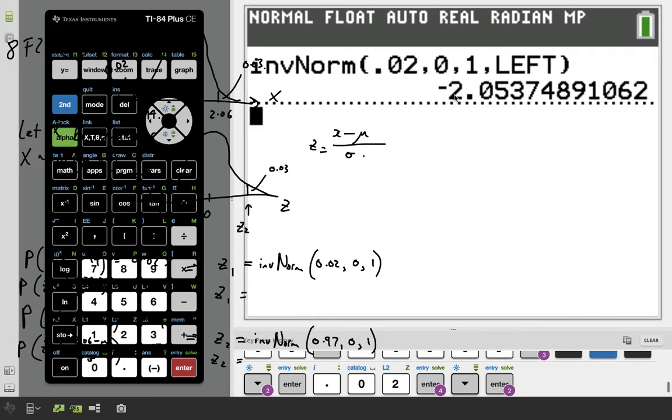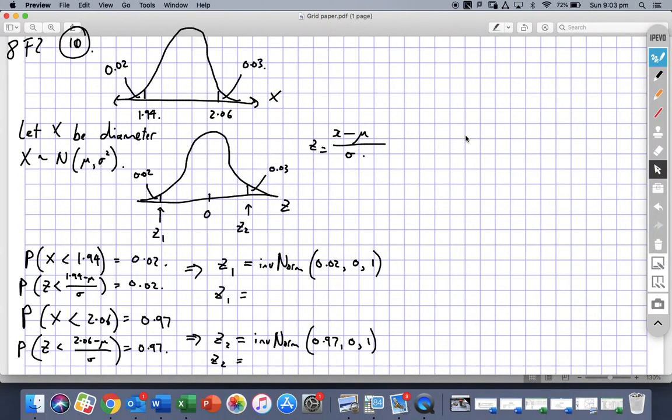So that's minus 2.0537. I can remember that. I want lots of decimal points because the standard deviation is going to be quite a small number. So I'm going to keep quite a lot of decimals as we go through.